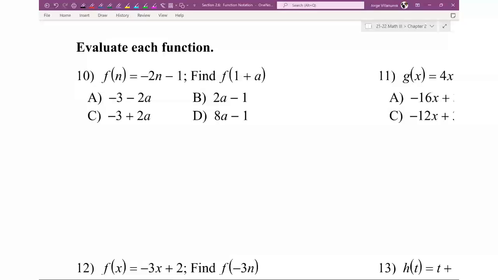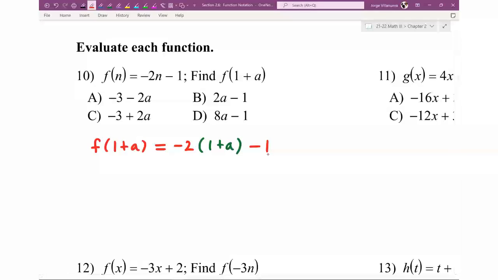So instead of plugging in a number, they want me to replace the letter n in the equation with 1 plus a. So this is what it's going to look like. F of 1 plus a is equal to negative 2 times 1 plus a minus 1. Now just distribute and clean up and you're done.